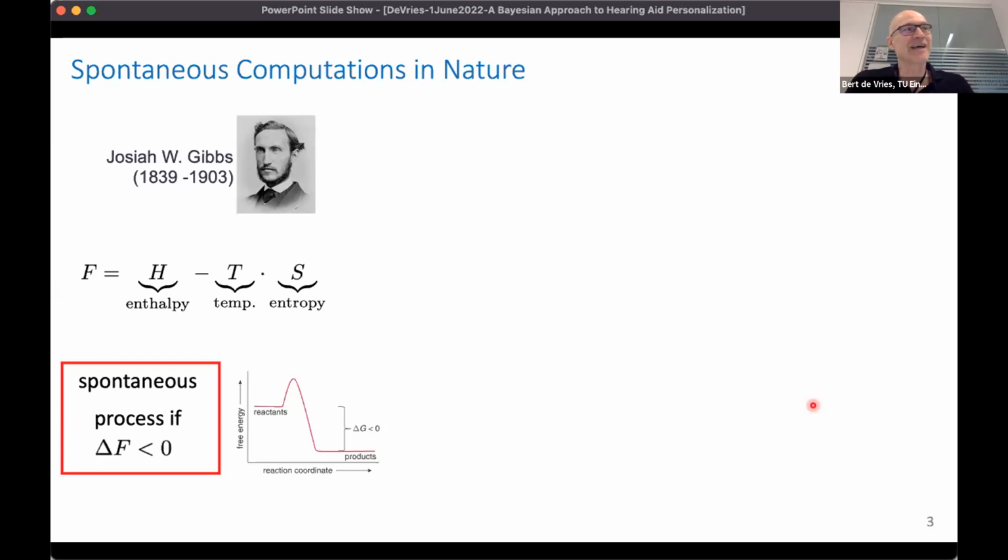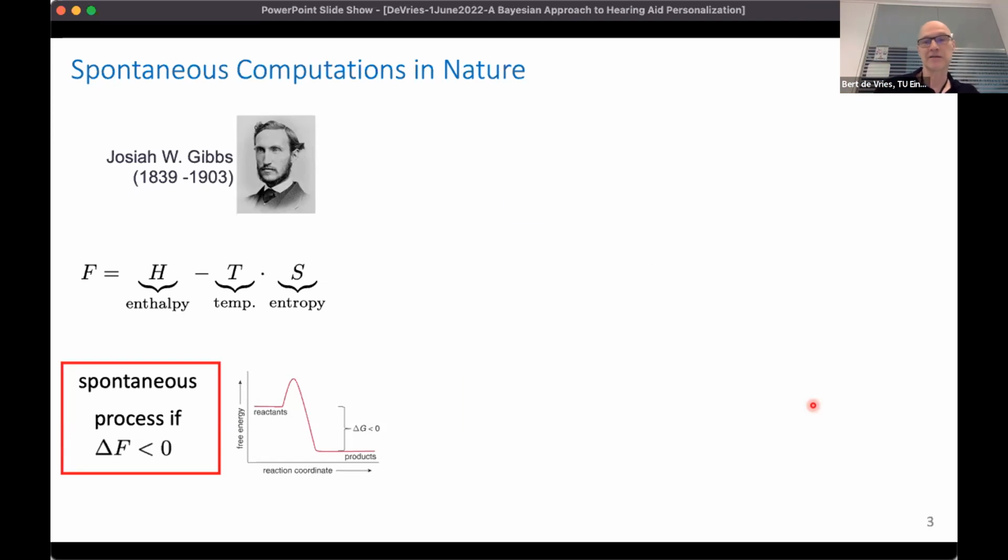And it is said that a chemical process is spontaneous if the Gibbs free energy after the reaction is lower than before. And indeed, in nature, Gibbs free energy decreases everywhere. That is the driving force of anything that happens in nature.